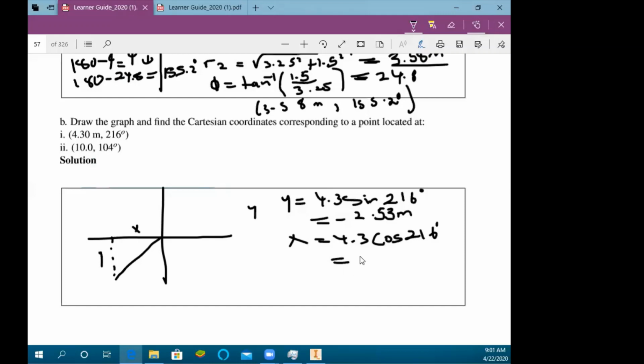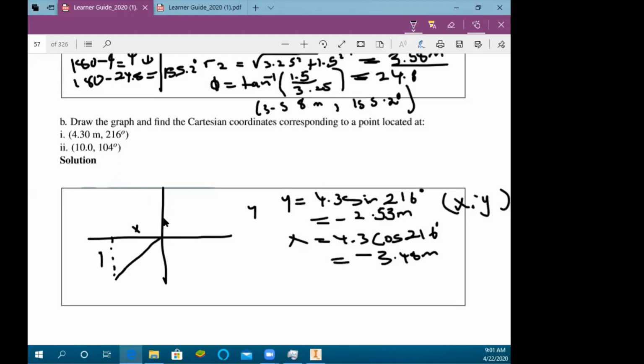Negative 3.48. So what's left is just to write them in Cartesian form, which is this and that, x, y, right? Yeah.